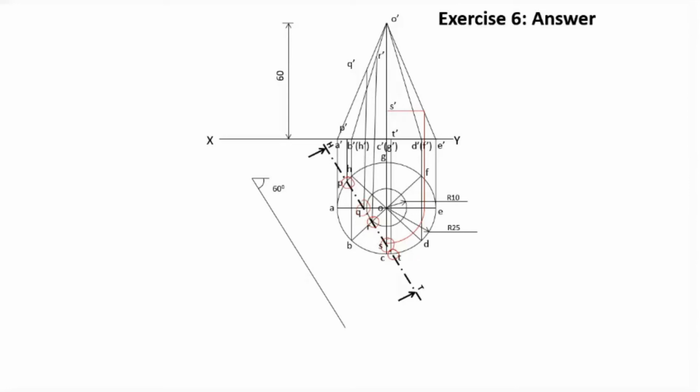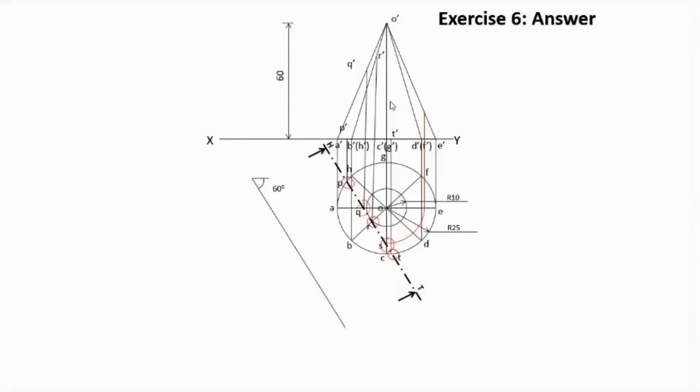So I'll show it once more. From S, with the center as O and OS as radius, we draw a circular arc so that it intersects with the OE. Then from the point of intersection of the circular arc and the top view OE, we draw a projector to O dash E dash.